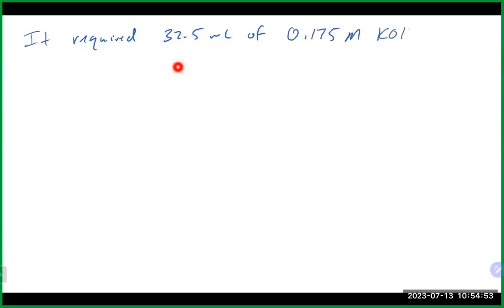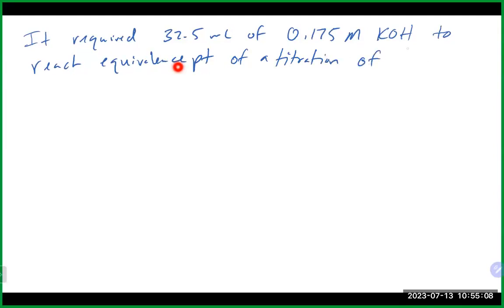Let's say it required 32.5 milliliters of 0.175 molar potassium hydroxide to reach the equivalence point of a titration of 27 milliliters of nitric acid.